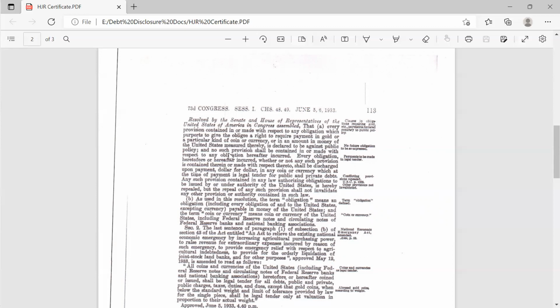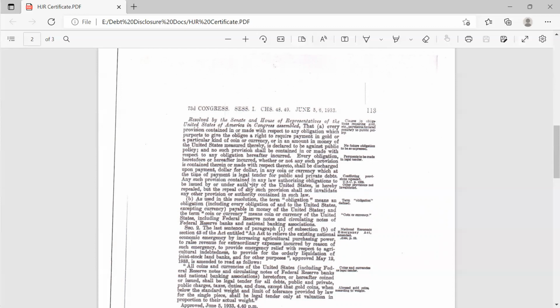Okay. And no such provision shall be contained in or made with respect to any obligation hereafter incurred. Every obligation heretofore or hereafter incurred, whether or not any such provision is contained therein or made with respect thereto, shall be discharged upon payment, dollar for dollar, in any coin or currency which at the time of payment is legal tender for public and private debts.